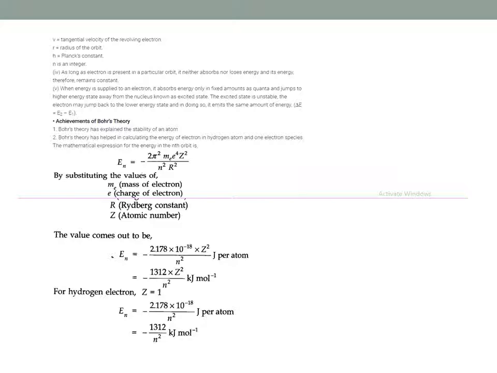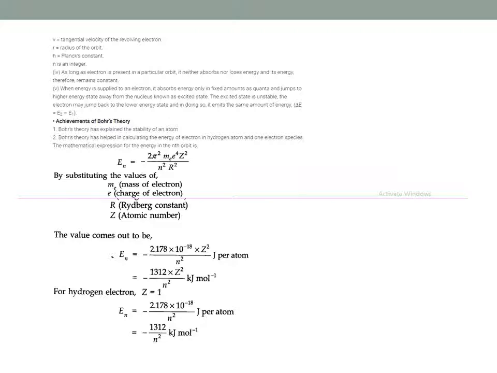Now, achievements of Bohr's theory. Bohr's theory has explained the stability of an atom. Bohr's theory has helped in calculating energy of electron. The mathematical expression is En is equal to minus 2 pi square m e raised to power 4 Z square upon n square h square.